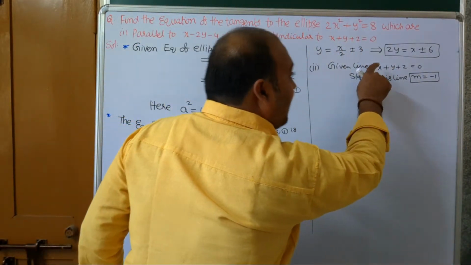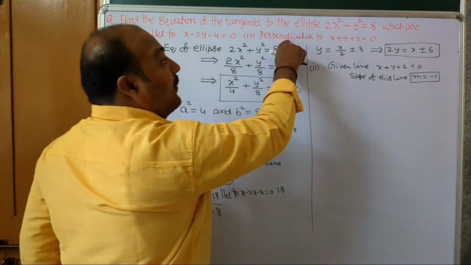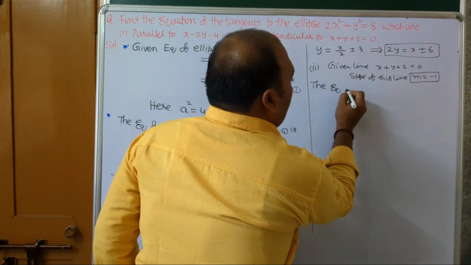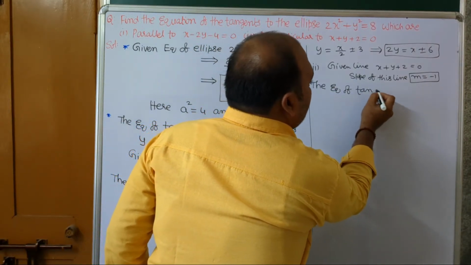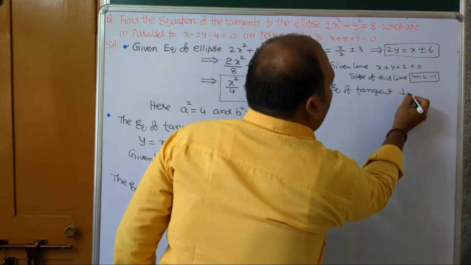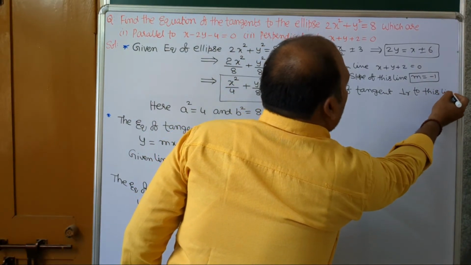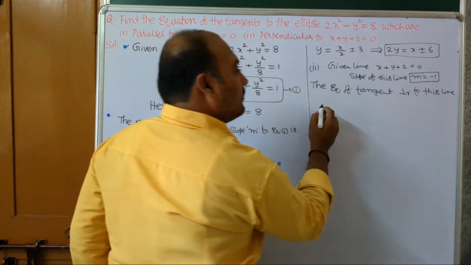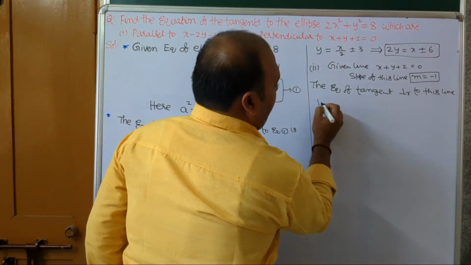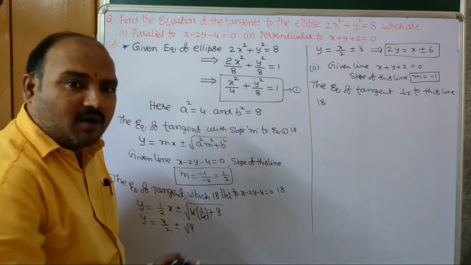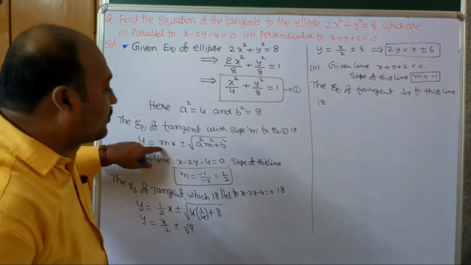So for this line, the tangent should be perpendicular. The equation of tangent perpendicular to this line is the same formula, wherever m is there, minus 1 by m.